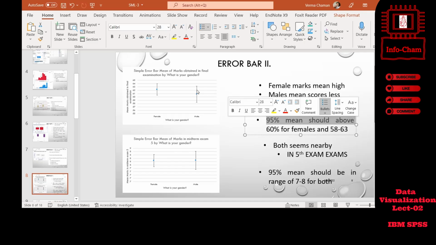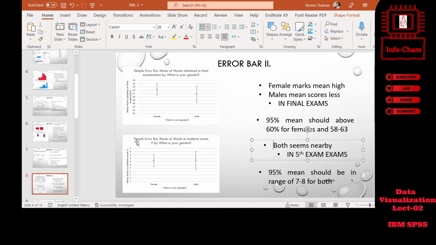This is the range. So the conclusion is the 95% average should be above 60% for the females, and 58 to 63%. So this is the exact value. This is the confidence interval. So the error bar is a highly powerful graph which can tell me with 95% confidence that the mean is true.